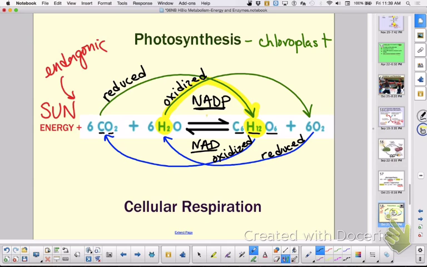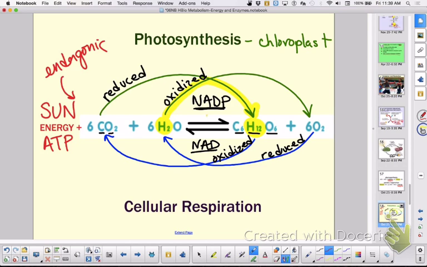Okay, now, when we do this reaction, when we go this way, we end up with energy being a product. What's the name of that energy that we're trying to produce? ATP. Okay, so we end up getting ATP out of it. So is it an exergonic or an endergonic reaction?